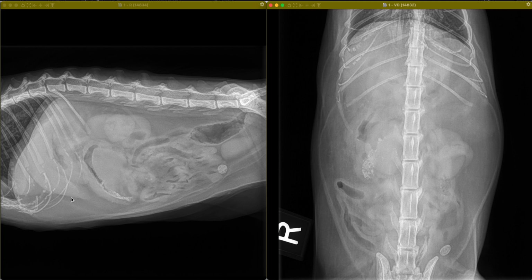There is reduced central abdominal serosal contrast where we see a central soft tissue opacity that's closely associated with a gas-filled intestinal segment. We're going to come back to this. There's increased soft tissue opacity that's identified medial to the spleen that likely represents the left limb of the pancreas.